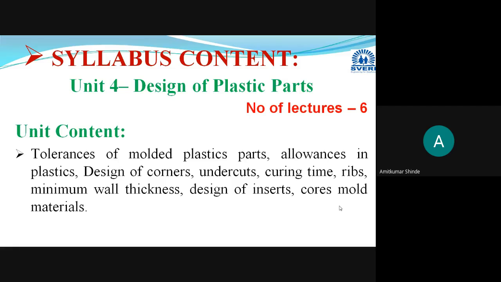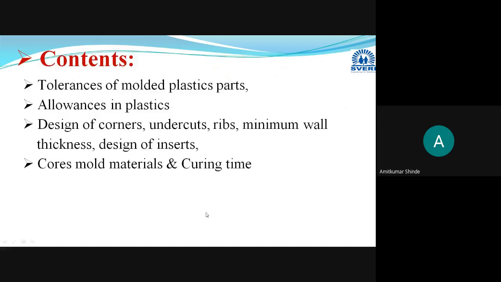So these are the contents of our chapter: tolerances, allowances, then design of different parts, corners, ribs, undercuts, inserts, and at the end the core and mold materials, and the curing time concept. This we are going to learn in this chapter.